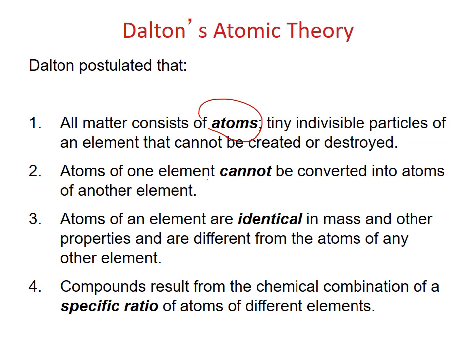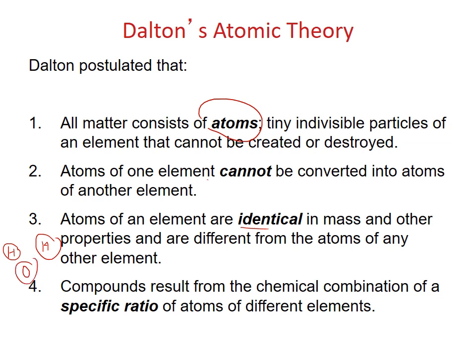Atoms of an element are identical in mass and other properties, and are different from atoms of any other element. For example, a hydrogen atom and another hydrogen atom are identical in mass, size, and everything, but they are different from an oxygen atom.